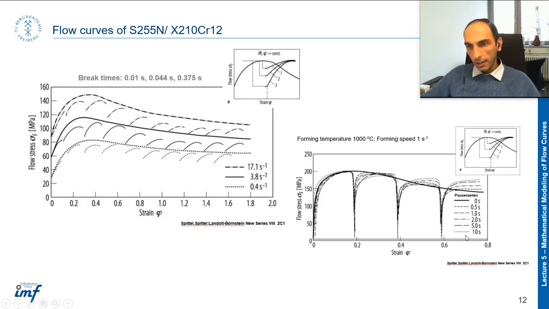And even if you compare the different strain rates here, you can see that in the case of higher strain rate, this drop is stronger. It drops much more and then increases again, compared to other strain rates, and is much lower than the continuous curve.